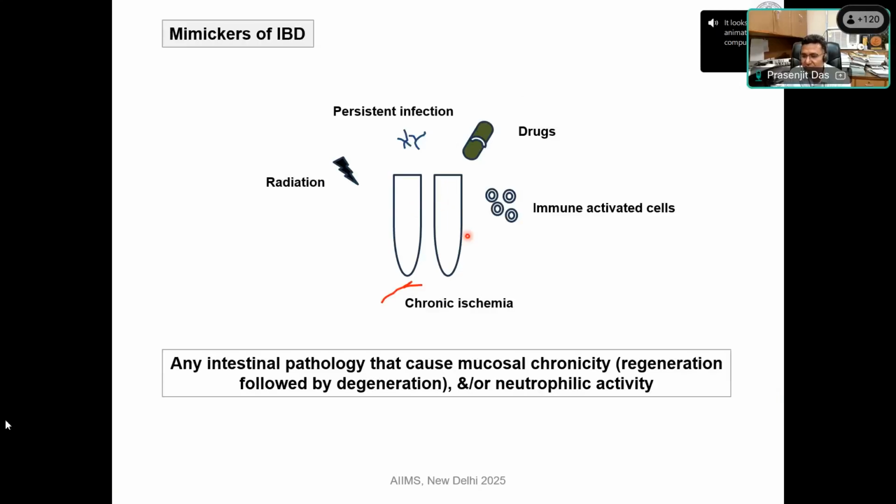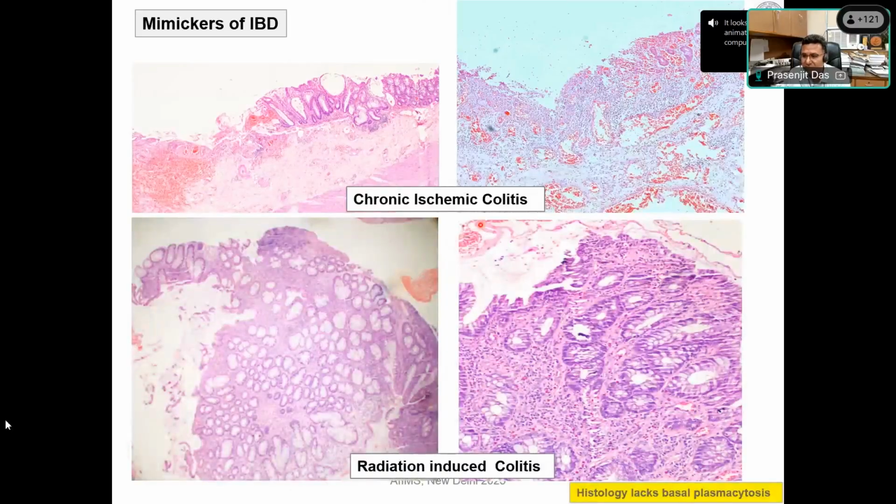So if you take a biopsy after that, what you will identify? There is feature of chronicity and activity. So all these causes can show you chronic active colitis like features. That's why all of them are differential diagnosis of IBD. But in none of these, usually we see basal plasmacytosis or eosinophilia together, not only eosinophilia.